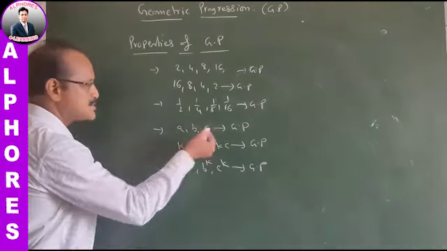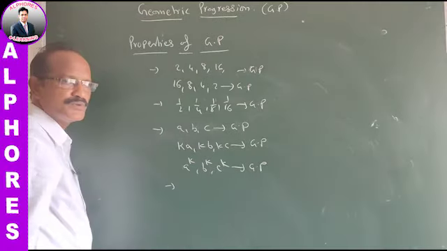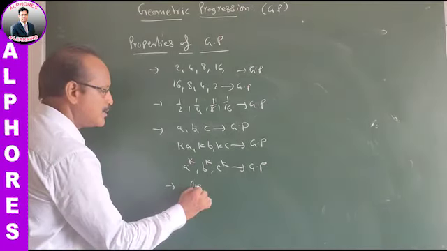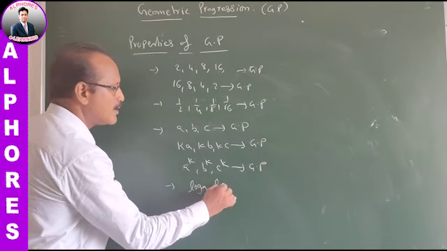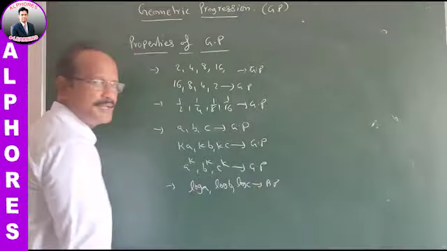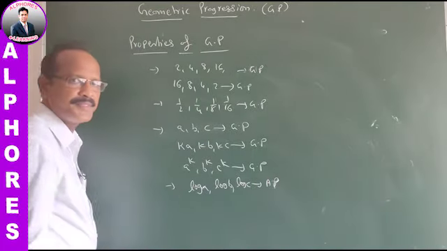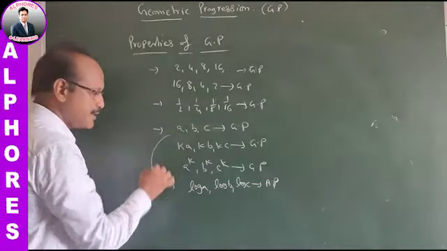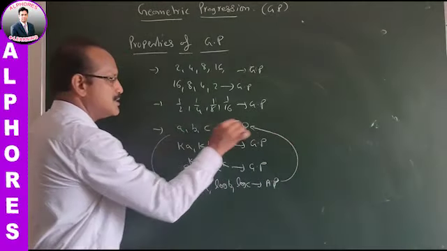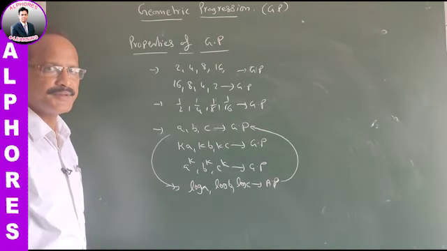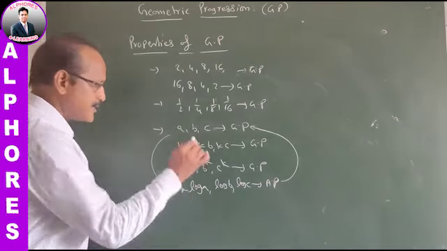And suppose A, B, C are positive non-zero numbers, then log A, log B, log C are in AP, and vice versa. If log A, log B, log C are in AP, then A, B, C are in GP. Or if A, B, C are in GP, then their logarithmic terms are in AP. Right? Okay, this is a standard point.